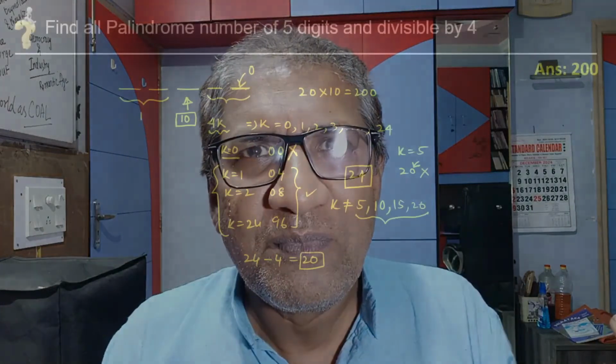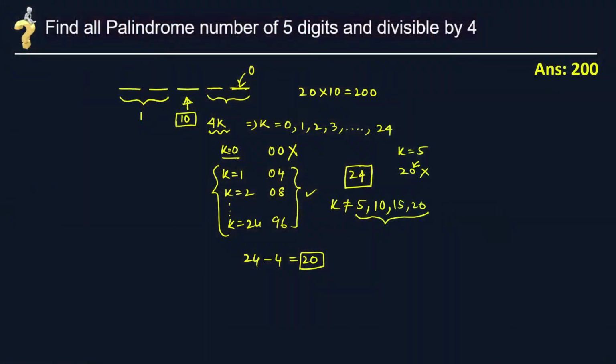So we found how many such numbers there are which can be filled in the last two digits, and eventually the whole number will be divisible by 4. Getting my point? That's what we have done in this problem.